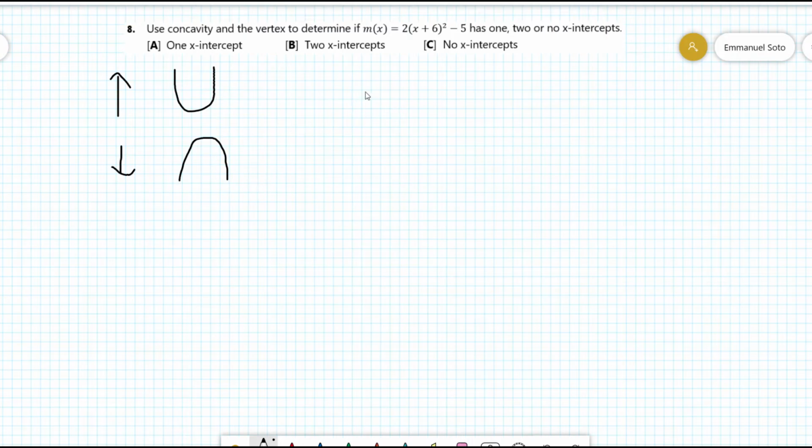So how do we know? Well, you look at that coefficient right there. That coefficient is a positive 2. The leading coefficient is positive. So therefore, it has to look like the smiley face, or concave up. So if we were to graph this, remember that the vertex form is a(x minus h) squared plus k.